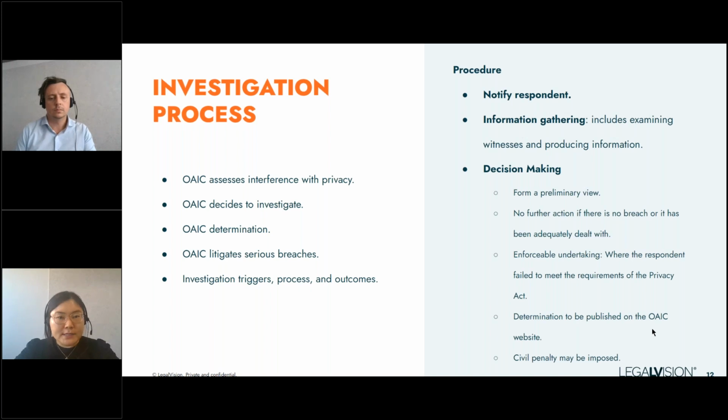So what's the process? The Commissioner will notify the respondent. It's going to display a notice on the Commissioner's website that it's commenced an investigation.